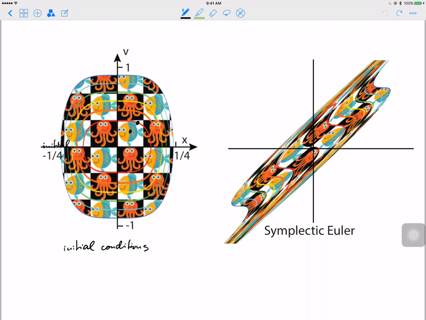It does not have the consistent bias of forward or backward Euler. And that's why symplectic methods are so important. If you talk to somebody in molecular dynamics, that's what they would be using, some symplectic integrator, because they want to simulate over lots of time steps. So that's a good method to use.